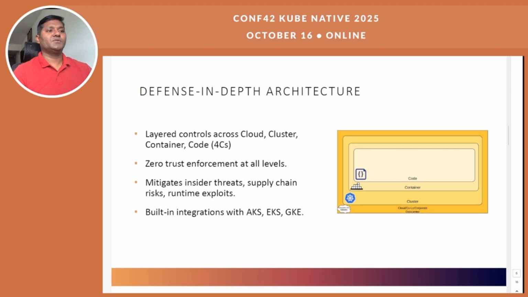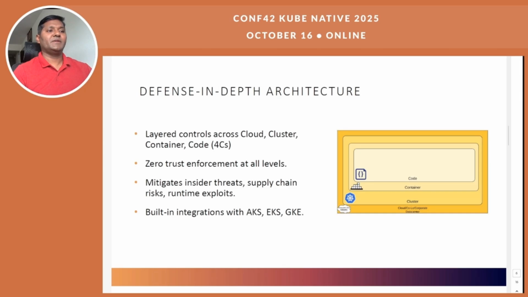This model also follows the zero trust approach, which means every request, user, and workload is verified, regardless of whether it originates inside or outside the environment. By enforcing the zero trust principles at every layer, we can prevent unauthorized access and lateral movement within the Kubernetes environment.